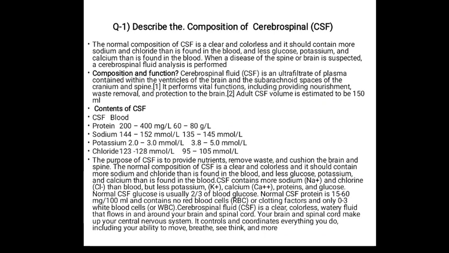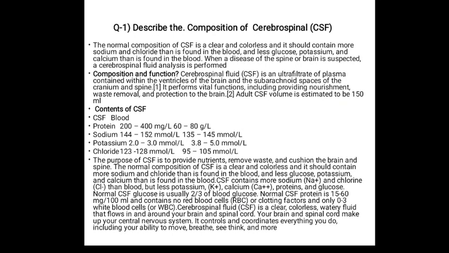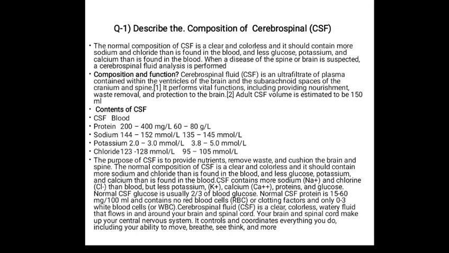Normal CSF protein is 15 to 60 mg per 100 ml, and it contains no red blood cells, meaning RBC, or clotting factors, and only 0 to 3 white blood cells, meaning WBC.